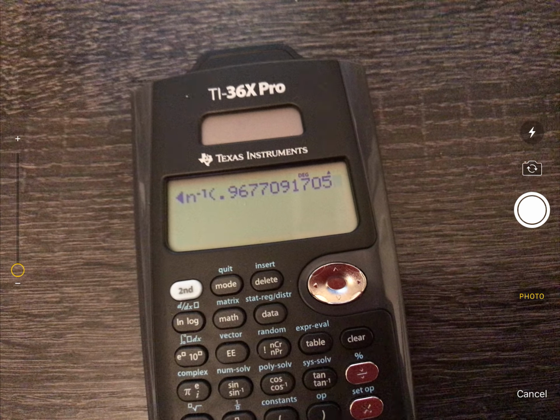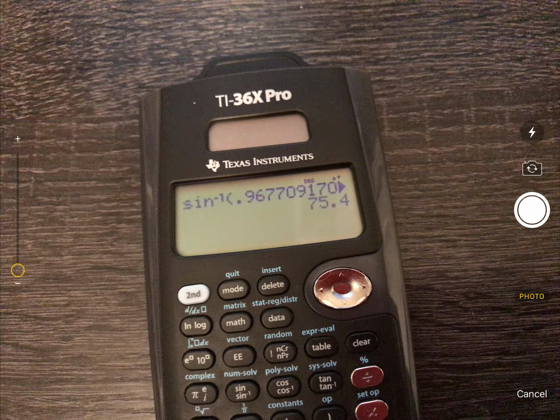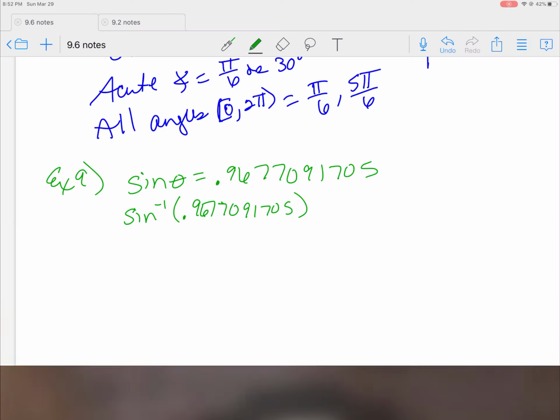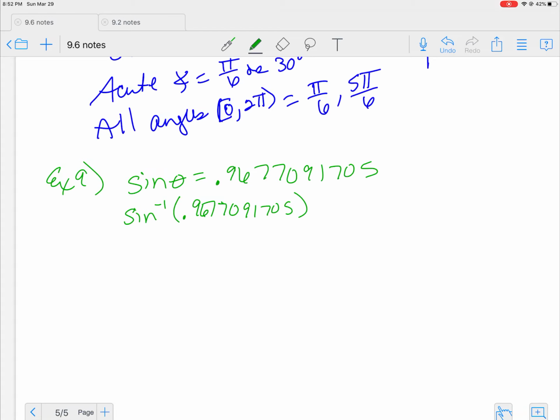That's how my calculator does it. And then I'm going to type in this craziness, 0.96770911705. Wowza. And I get 75.4. So this is now equal to 75.4 degrees.